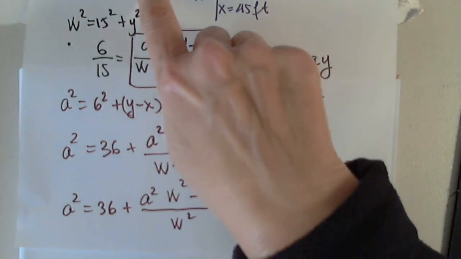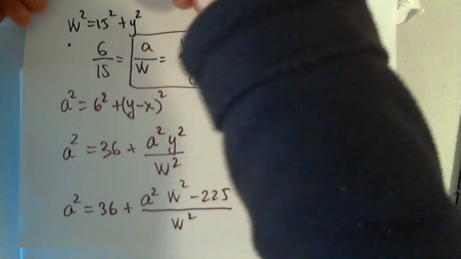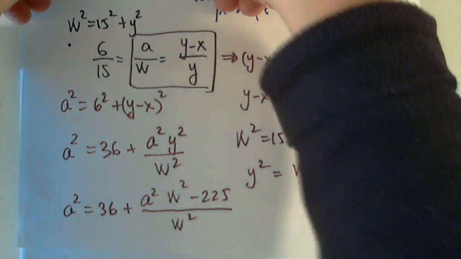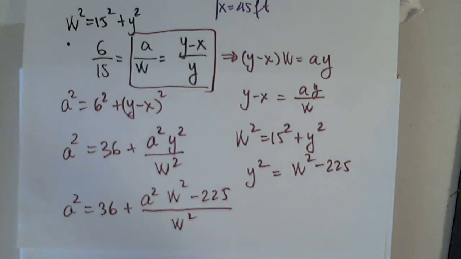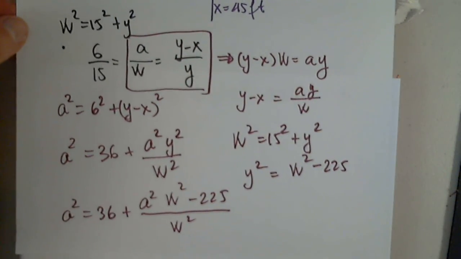Yeah, because that's y minus x. This is y, this is x, this is y minus x. You can name it a different letter if that's what you want. I just didn't know if there is a way to find the relationship between 15 and y versus 6 and y minus x. Yes, that's what I'm trying to find.